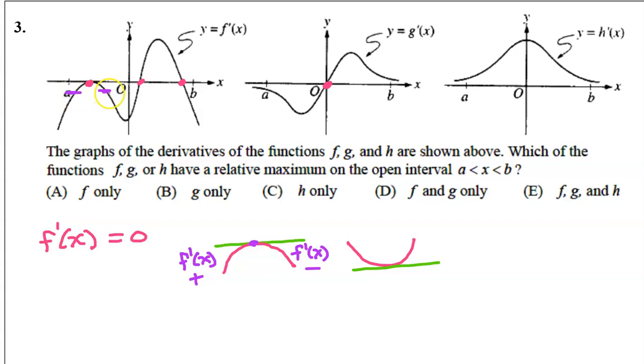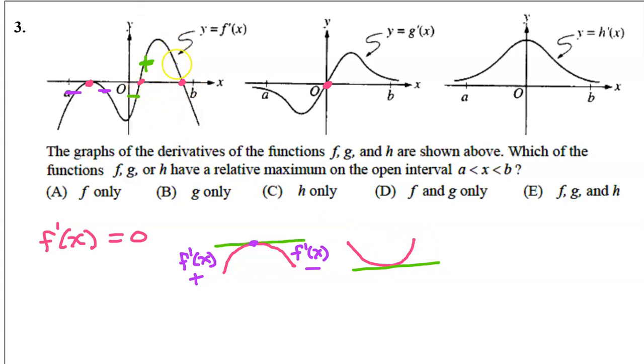So it goes from negative to negative. So we know this is not the location of a relative maximum. For the next point, it goes from negative to positive. All right, so that would be the location of a relative minimum, because decreasing to increasing. So not a relative maximum.